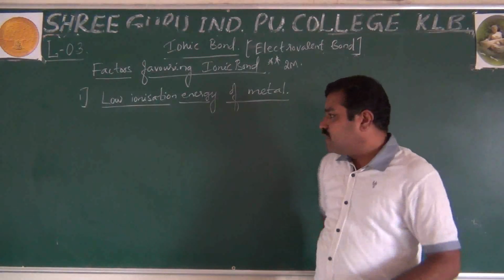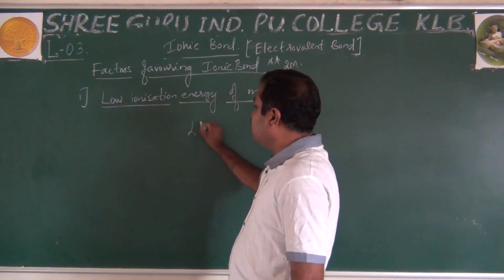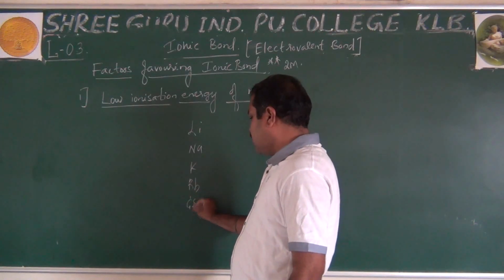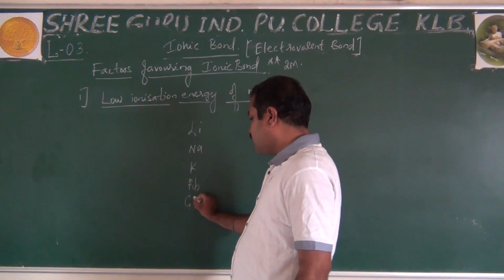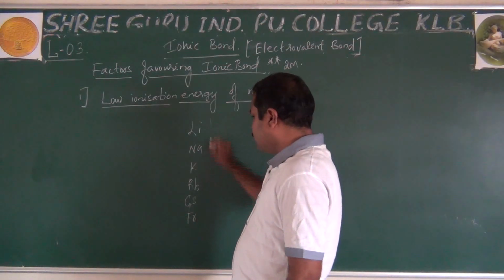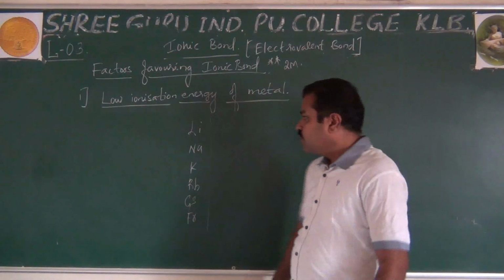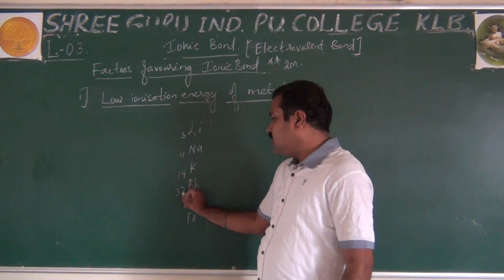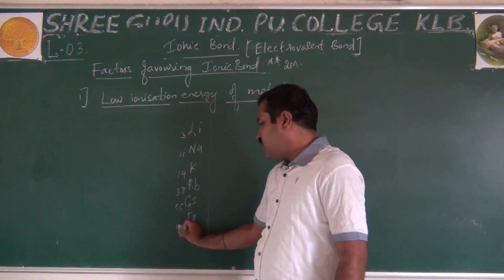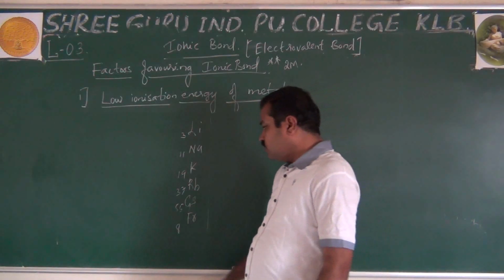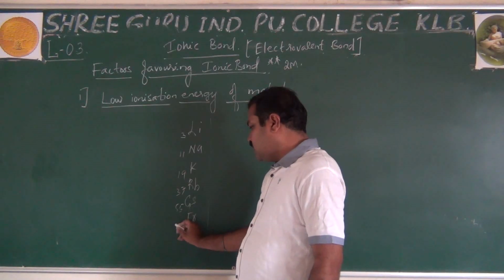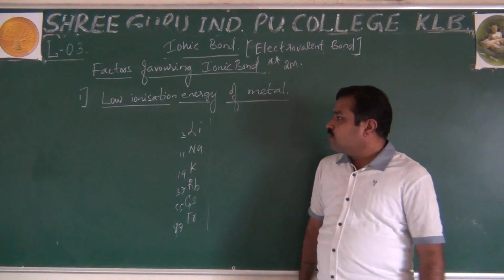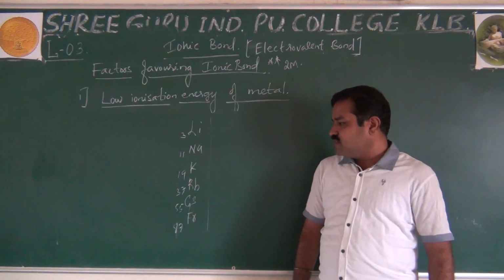So, take for example the alkali metals: lithium, sodium, potassium, rubidium, cesium, and francium, with atomic numbers 3, 11, 19, 37, 55, and 87.